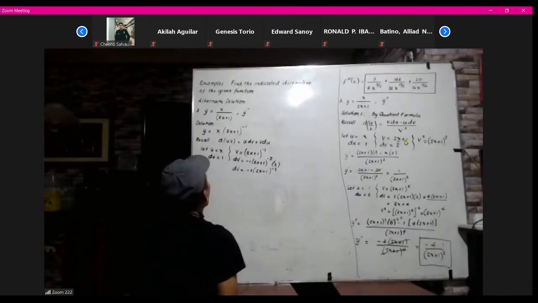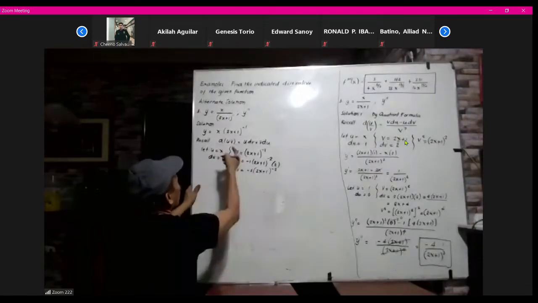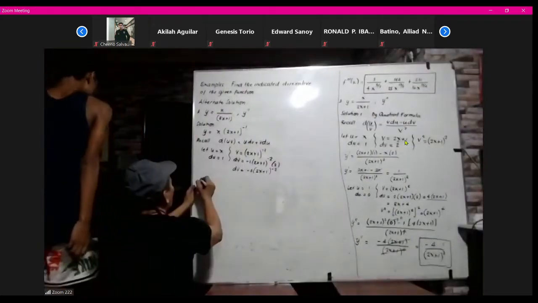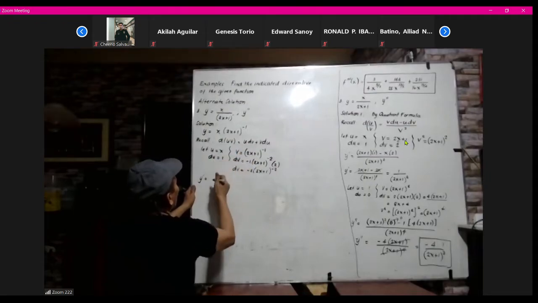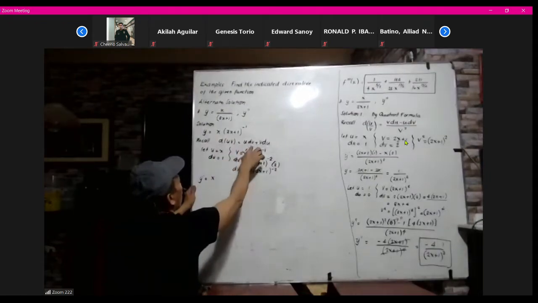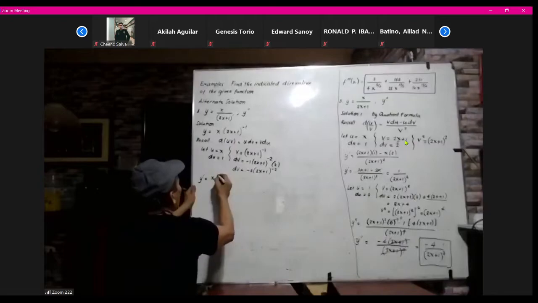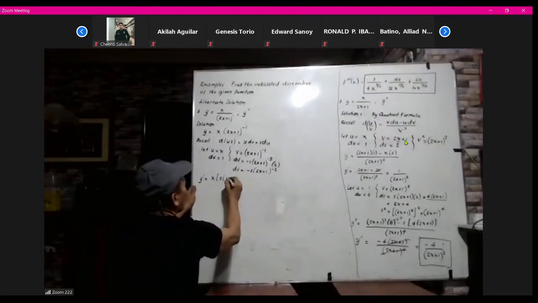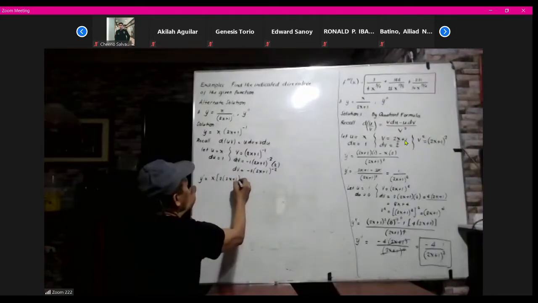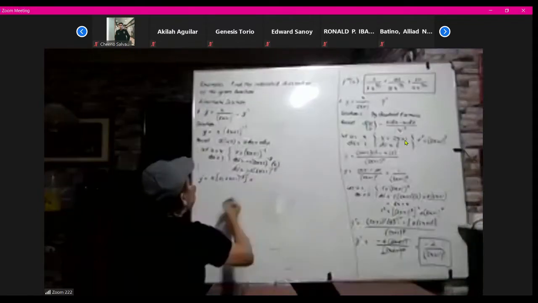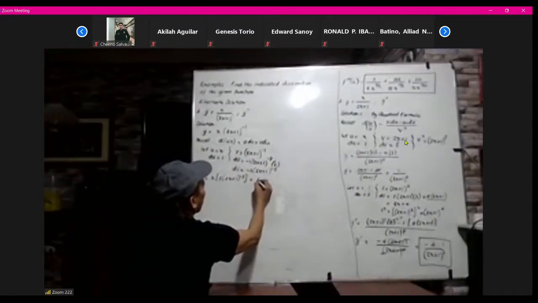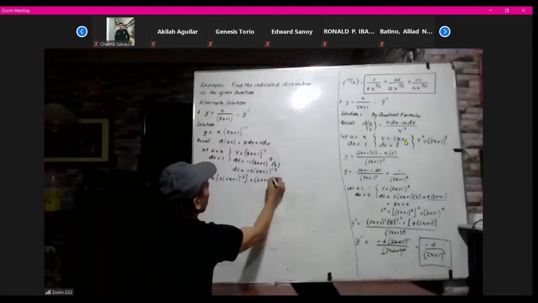So, now, meron tayong v at sa dv. Okay? So, ang gagawin natin, i-plug in na natin doon sa solution natin. So, again, the derivative of y is equal to u. What is our u? X. Then, how about our dv? Ito, multiplied natin ng negative 2 times 2x plus 1 raised to negative 2. Okay? Then plus v. Ano yung v natin? 2x plus 1 raised to negative 1.